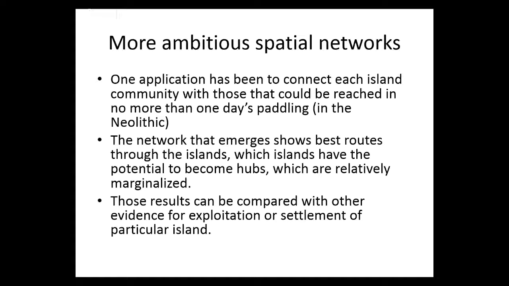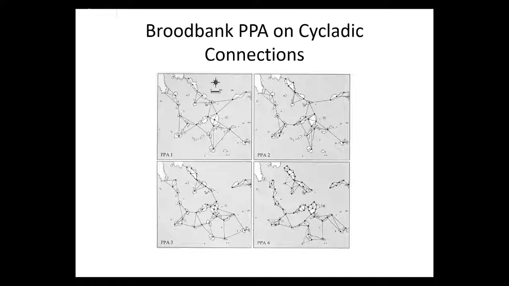Now, what Broodbank did was he did a version of proximal point analysis and connected each settlement, as far as he could work out where it was, and he did have a not complete record, to the 3 nearest. And this is what you get. You get maps of the Cyclades, which in different periods or different versions show you that certain islands, Naxos here, are almost always likely to be hubs, and you can change the parameters of how you connect it in other ways.